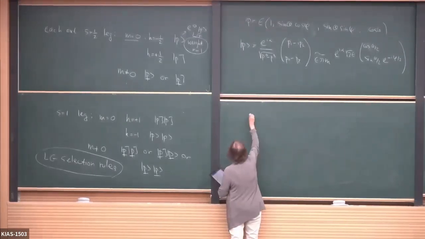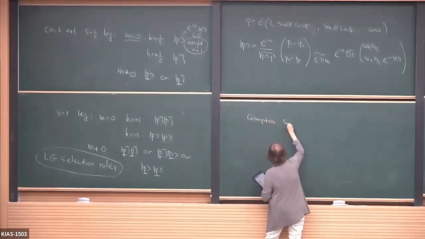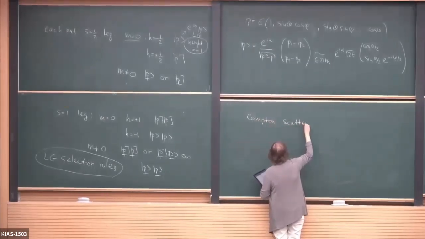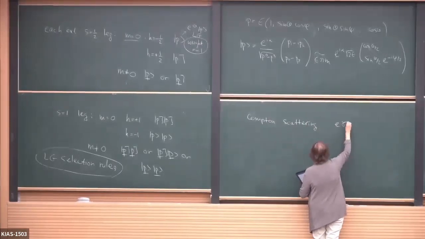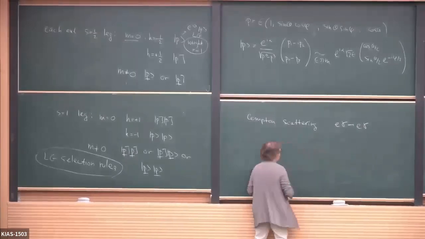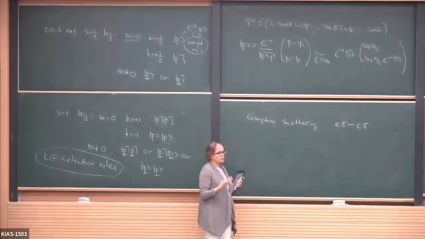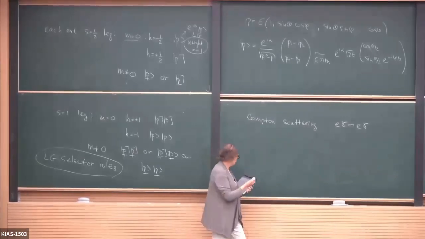So I want to do the example of Compton scattering, namely, e gamma going to e gamma, using this new notation of massless spinors. So this is fully massless.